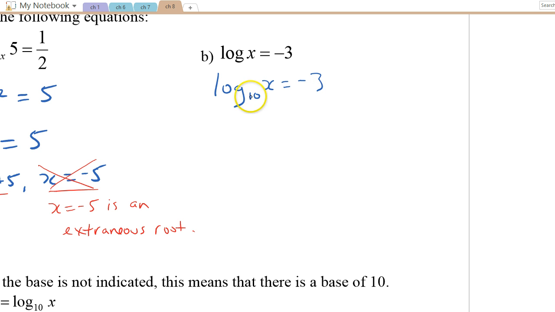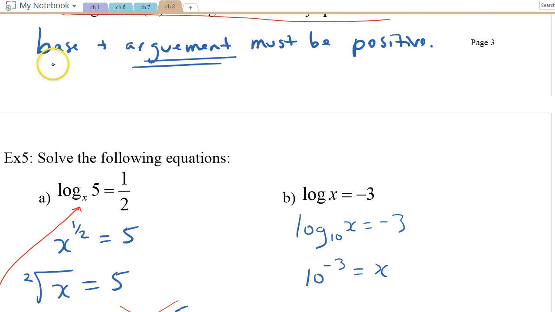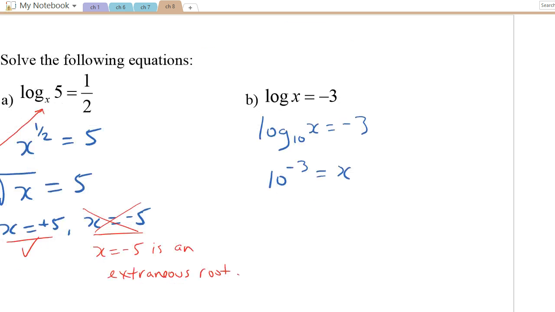So this will be the base, 10 to the power of negative 3 is equal to x. And you might get a little nervous and say, whoa, Mr. Speiser, there's a negative here. We can't have negatives. Oh, but we can actually, because we're not allowed to have a negative base or a negative argument. So this 10 can't be negative, and this value for x can't be negative, but we can have a negative 3 here.